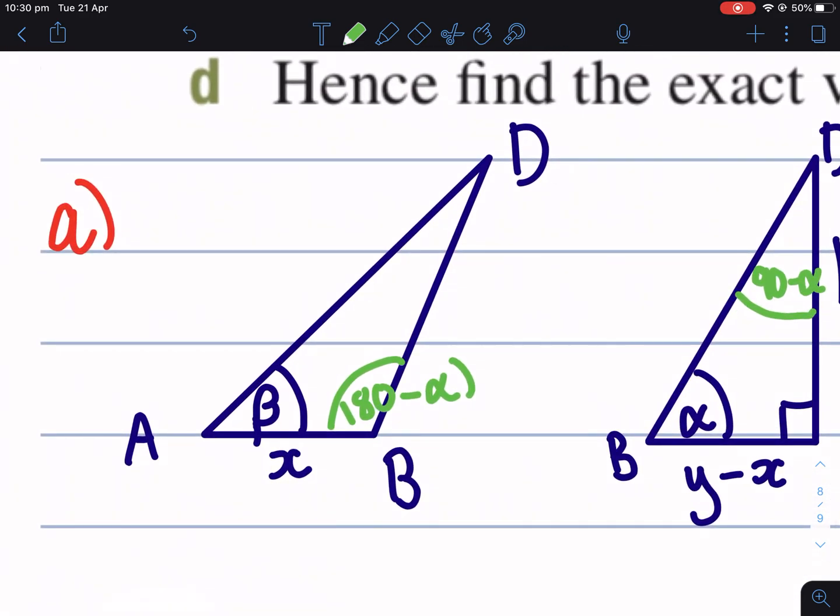This angle here, 180 take alpha take beta. I'm going to do this in a thinner pencil. So it's alpha take beta.